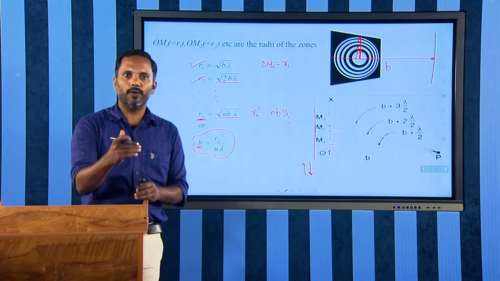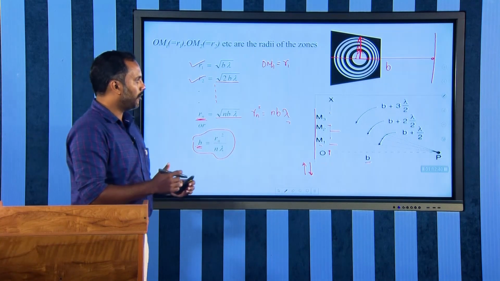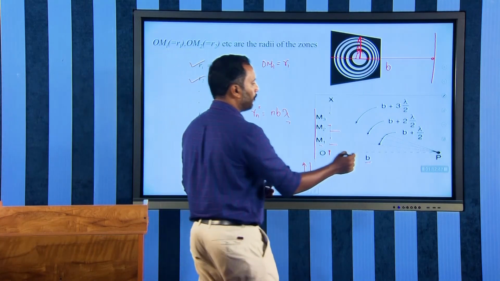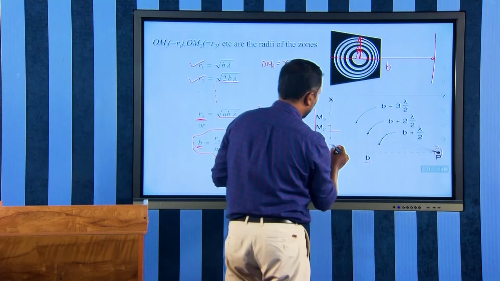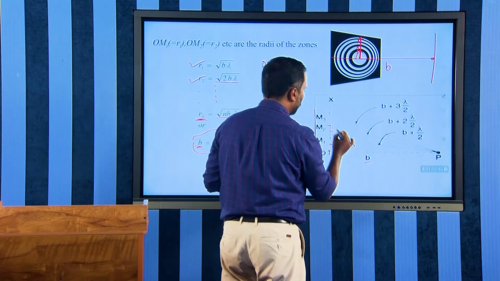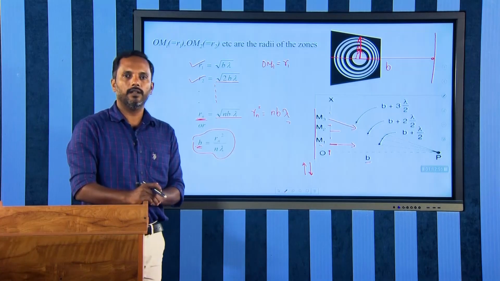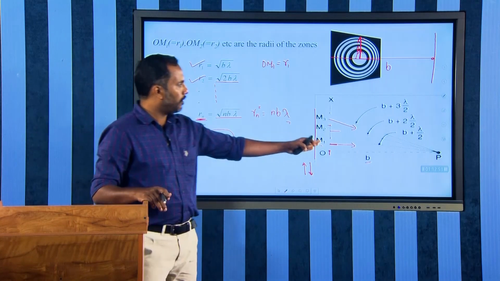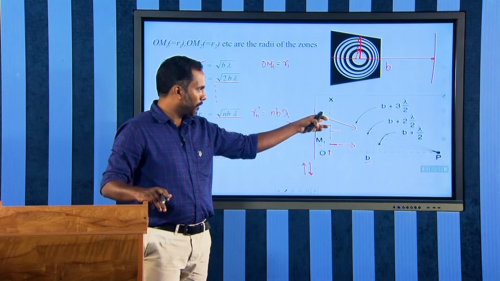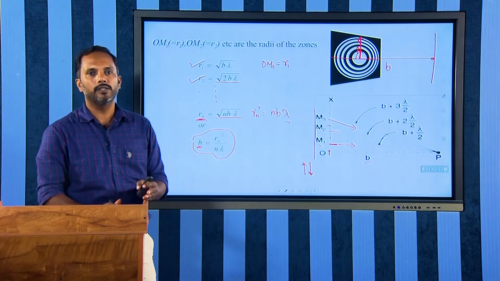what you will have is the net amplitude of the wavefront reaching point P. The light from here and the light from here are in phase, or the wavefront from the first zone and the wavefront from this particular zone are in the same phase.